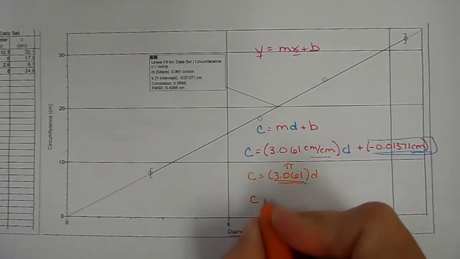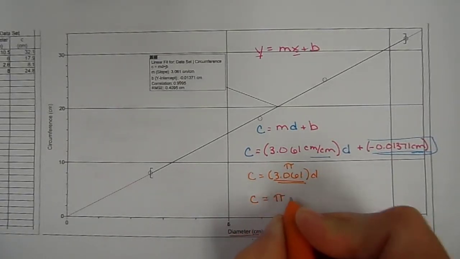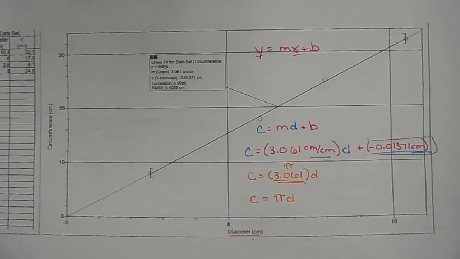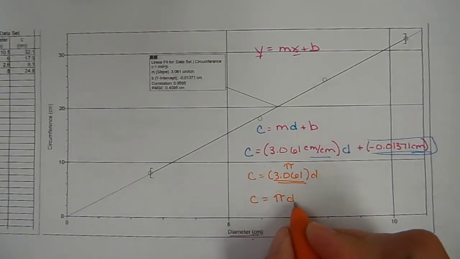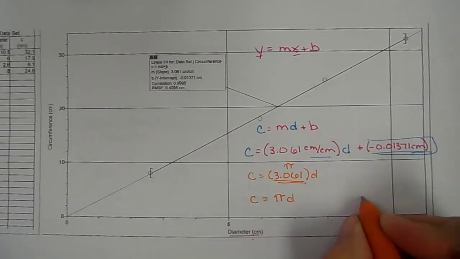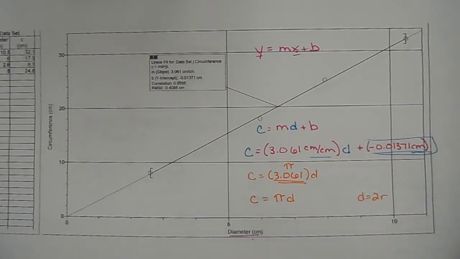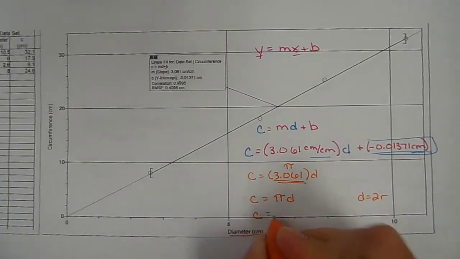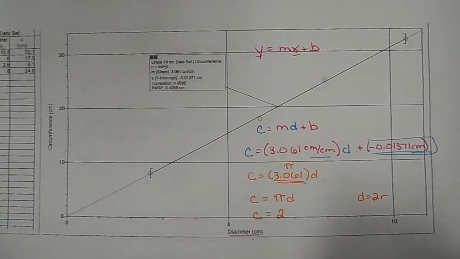So the circumference of a circle is equal to pi times the diameter. Something else that you may have seen is this diameter a lot of times we write it in terms of the radius. Diameter is 2r. So the circumference of a circle is equal to 2 times pi times r.